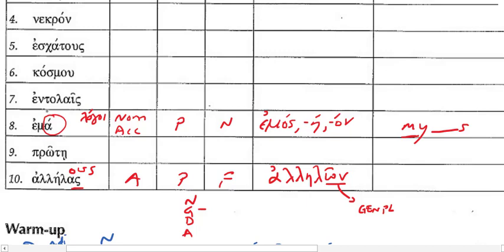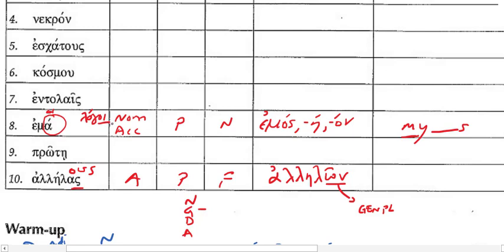So I'd have to use what? Emoi, right? Emos becomes emoi when it's nominative, plural, masculine. It matches the noun. Emos, emou, emo, emon, emoi, emon, emois, emous. Just like logos. There's logos, logou, logo, logon, logoi, logon, logois, logous.